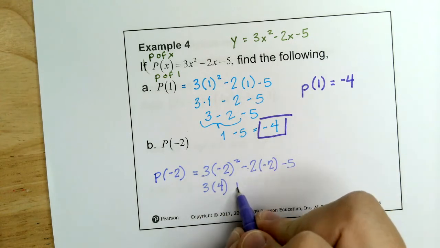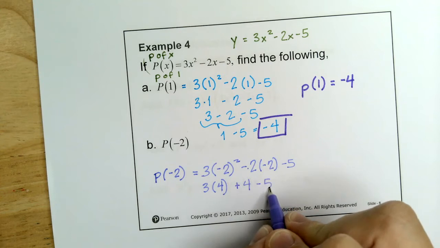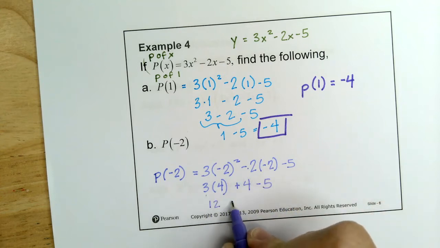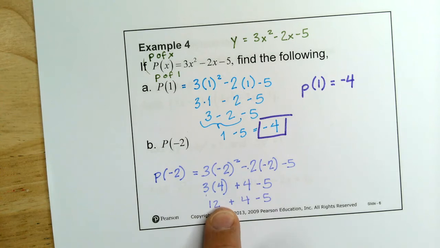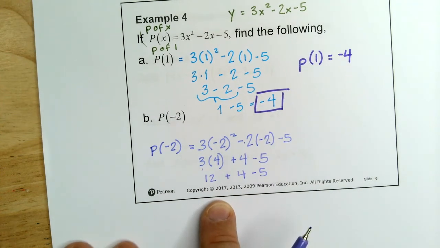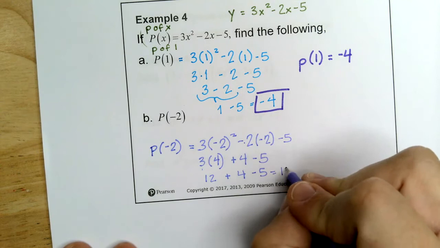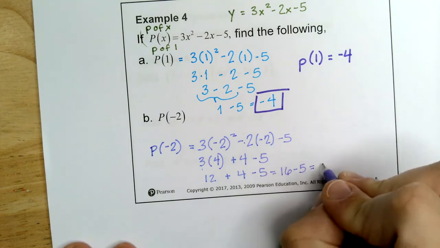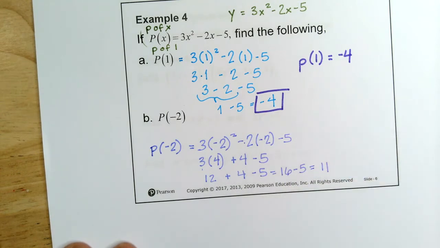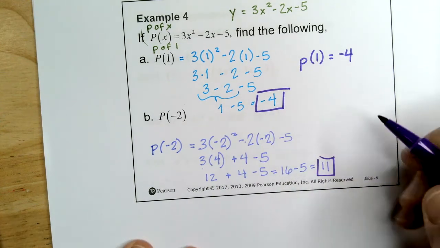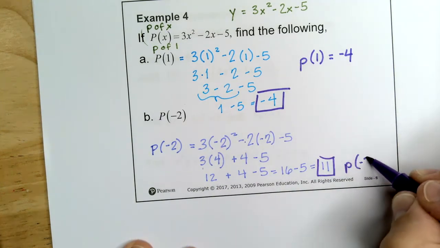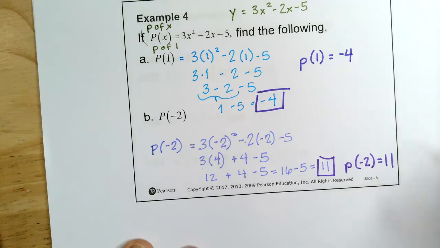Negative 2 times negative 2 is positive 4. Minus 5. 3 times 4 is 12 plus 4 minus 5. 12 plus 4 is 16. Minus 5 is 11. So we say P of negative 2 is 11.